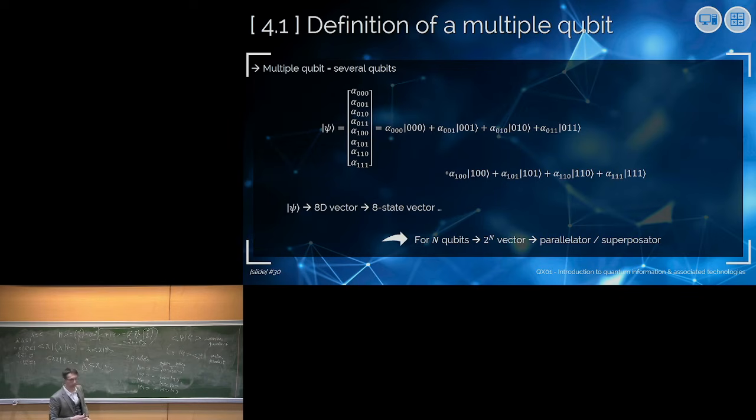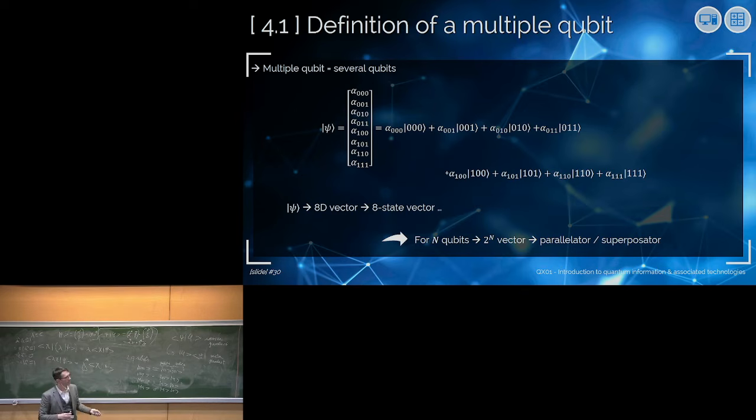I can do 3 qubits. Then in this case, I have 2 to the power of 3, so I've got 8 components: 0,0,0, 0,0,1, 0,1,0, and so on and so forth until 1,1,1. I would have 8 coefficients, all potentially different, all complex numbers.